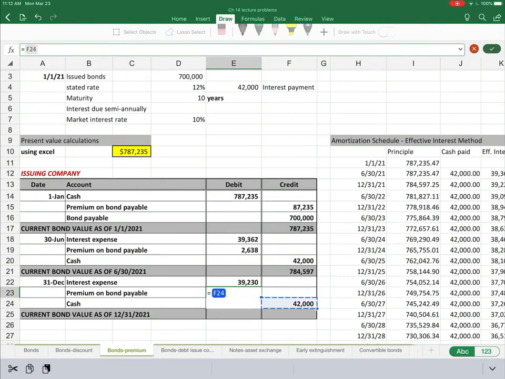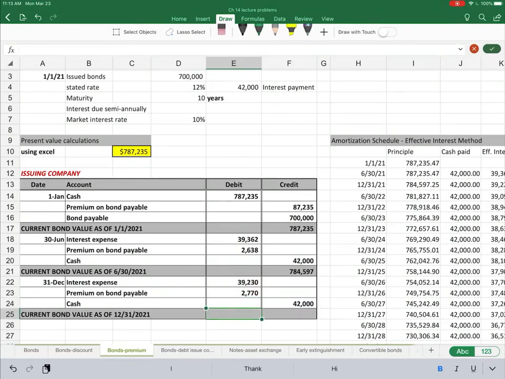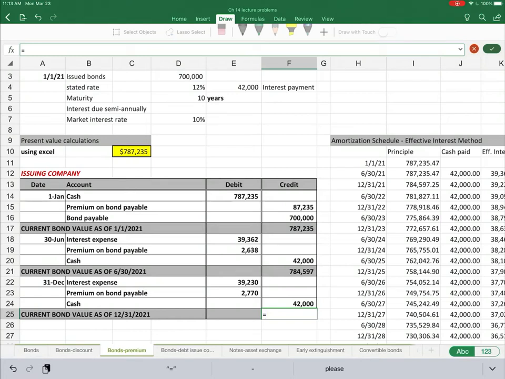And then the adjustment that we make, the debit that we make to our premium, is simply going to be the difference between the interest that we paid and the interest expense that we are accounting for using the effective interest method. So again, we will see that our bond value as of December 31st, 2021, is the previous bond value minus this adjustment that we just made. A debit to the liability account is making the liability decrease.